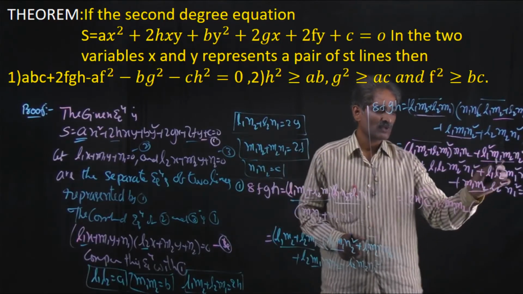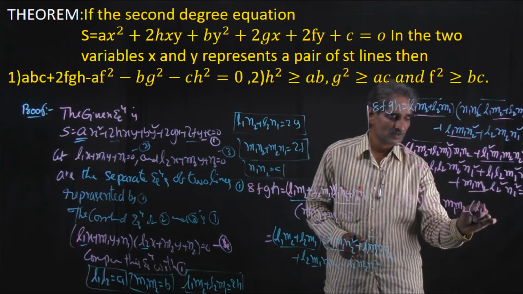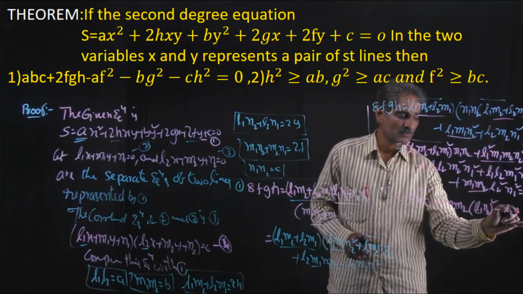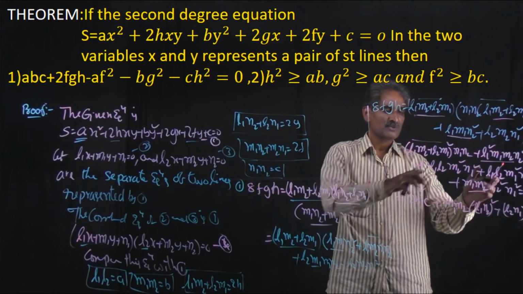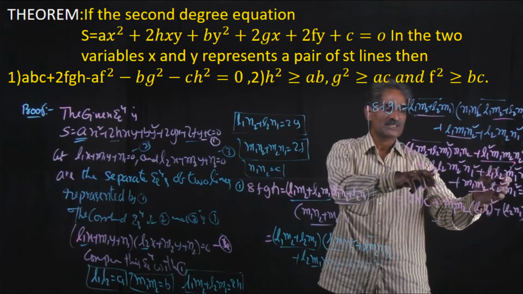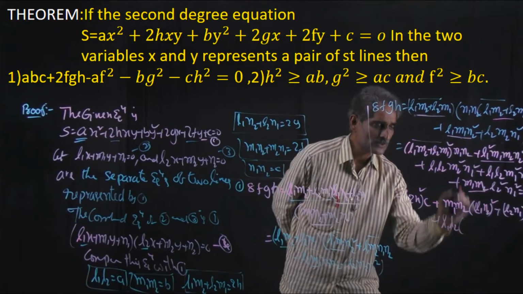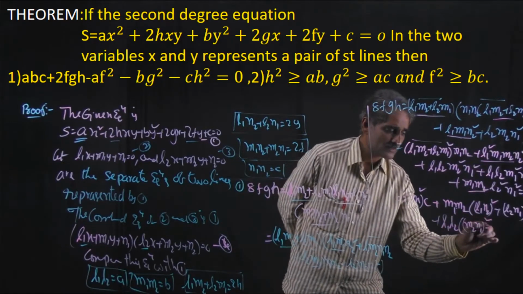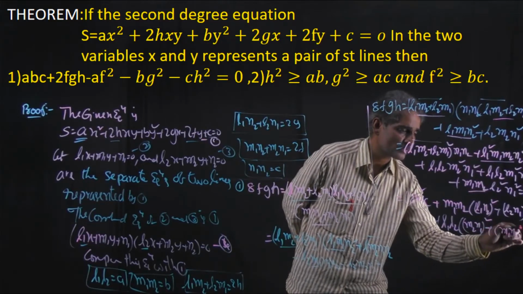If you take M1 M2 common in these two terms, we will get L1 L2 whole square, L1 N2 whole square plus L2 N1 whole square. Similarly, just observe the remaining two terms. L1 L2 is common in these two terms: L1 L2 into M2 N1 whole square plus M1 N2 whole square.